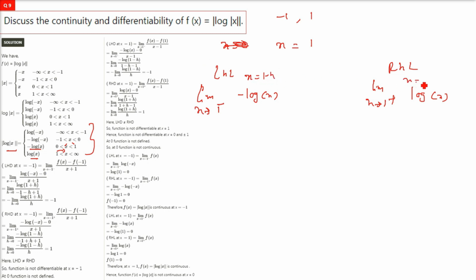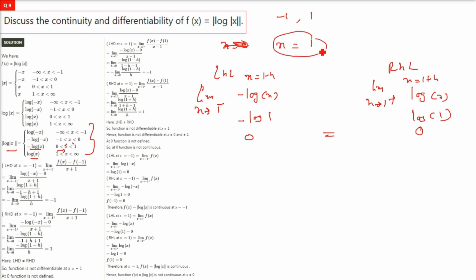We used to do 1 minus h, 1 plus h, that you can also do, but it will not be required here, because there will be no untoward value if you put x equals 1 anywhere. So minus log 1, here also log 1. Log 1 is 0, so minus 0 is 0. And log 1 here also 0. So the left hand limit is equal to the right hand limit. So this function is continuous at x equals to 1.